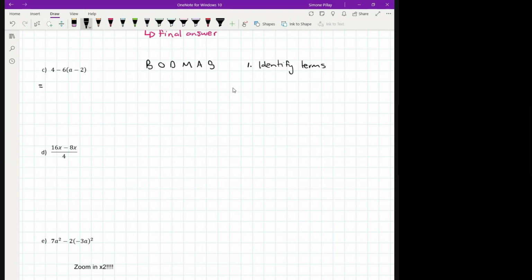Ma'am, there's only one. No, there's two. Isn't a bracket just invisible, and we say it's only one term? Yes, but here's another minus, which means this is one term and this is another term.